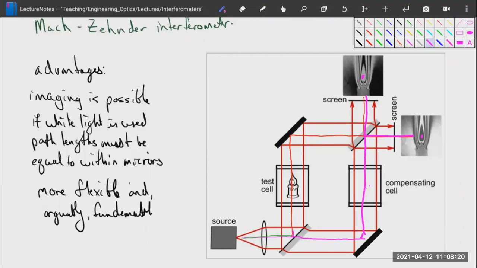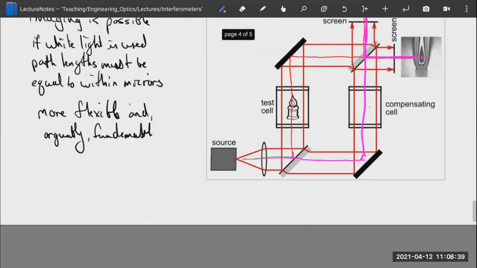And so what ends up happening is if a photon goes through both arms, and if the photon goes to the top screen, it will end up destructively interfering, then it will be constructive on the other screen. So you can actually do some really sensitive interference measurements, which are really cool.